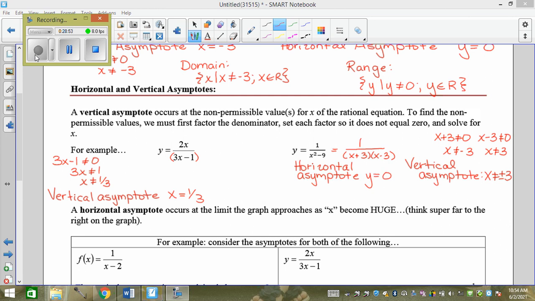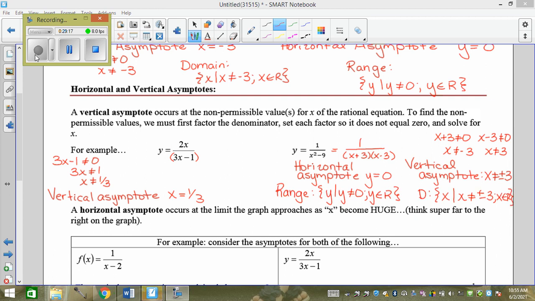From those, we can get our domain and range really easily. Our range is just not equal to them, and so is our domain. So our range is y such that y cannot equal 0, y in the reals. And our domain is x such that x cannot equal plus or minus 3, x in the reals.